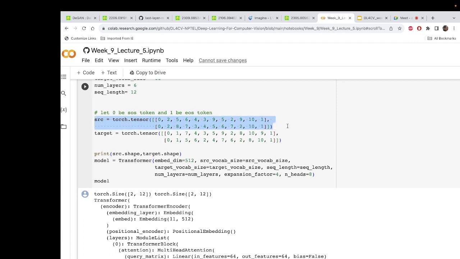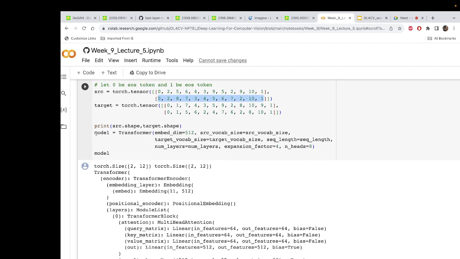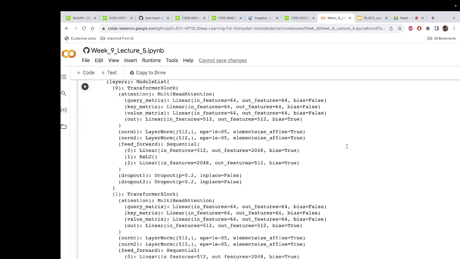You can see that they are numbers basically. Both of these have two words, right? These numbers are basically token numbers that we got introduced to last week. So we do not give the actual words, but rather we give the token numbers, right? And we pass it on. We initialize a transformer model with its encoder and decoder, right?